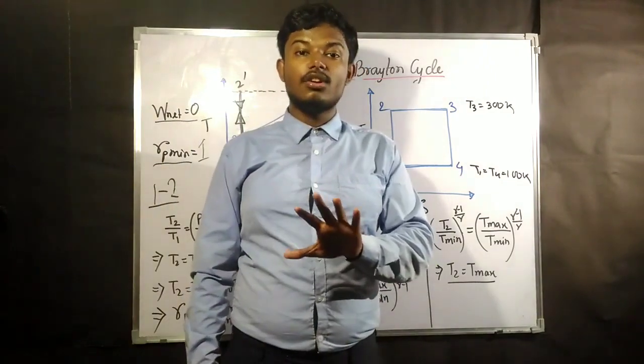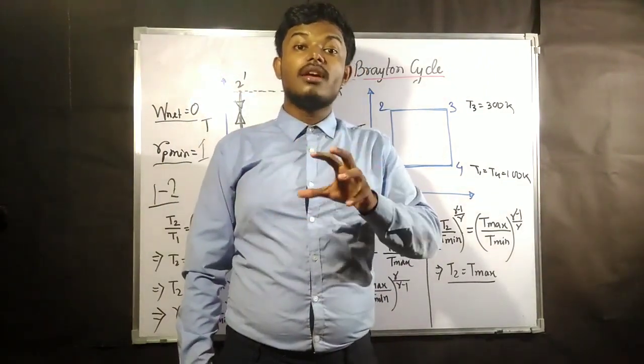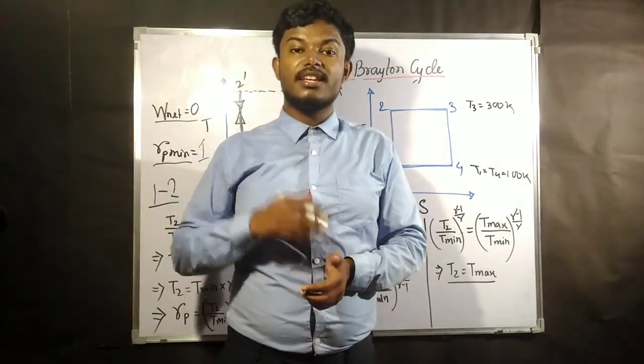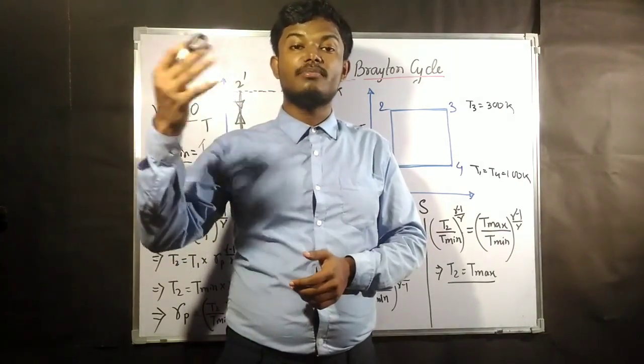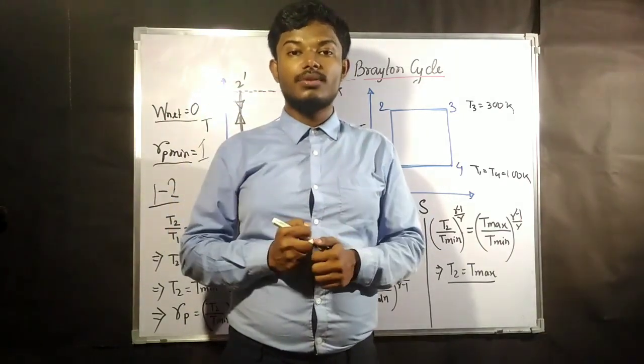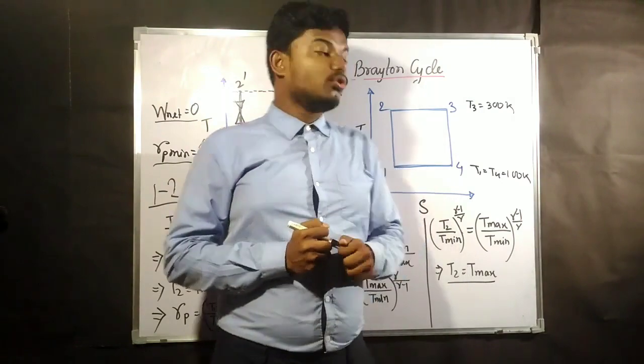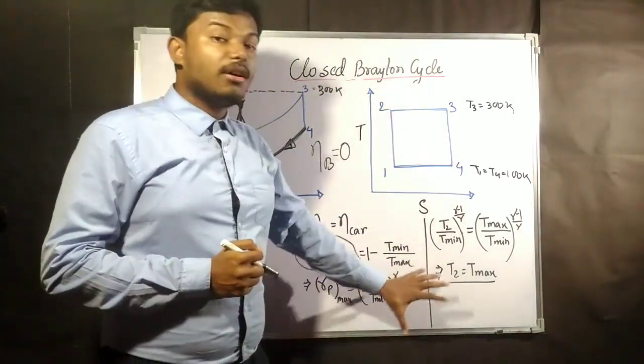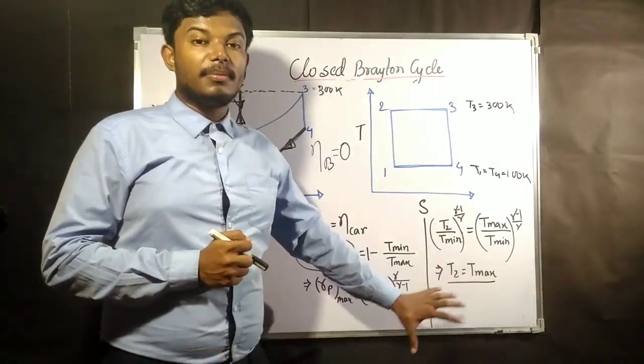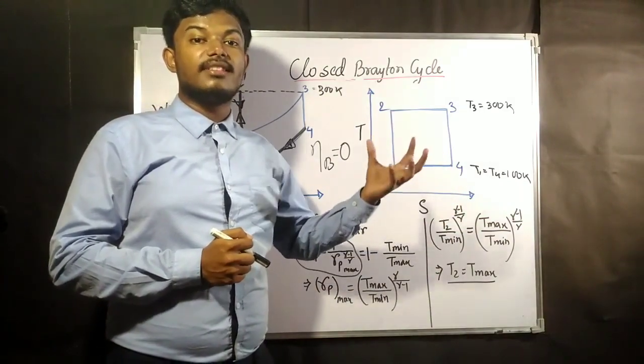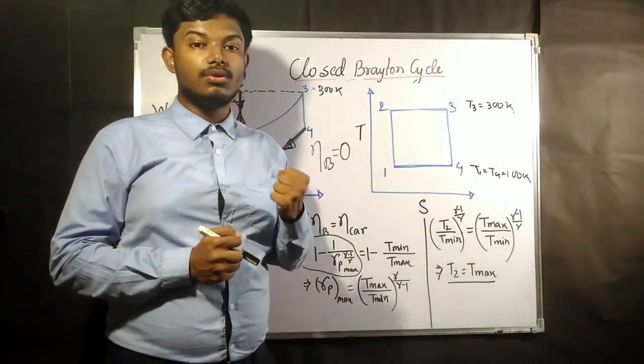So that is the reason why we don't approach the conditions of maximum efficiency. Rather we go for the conditions of maximum net work. For finding the optimum conditions, we are going to consider the maximum net work we can get.